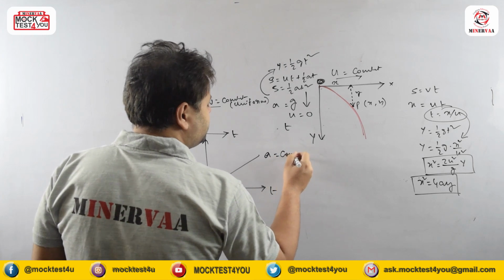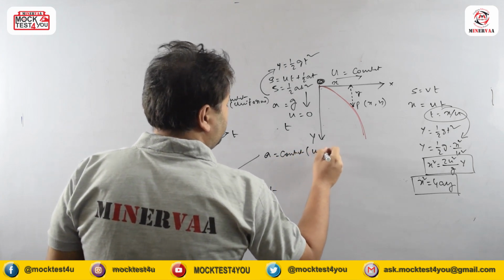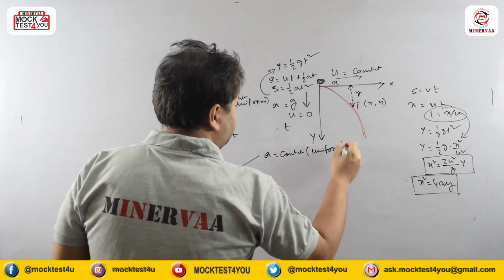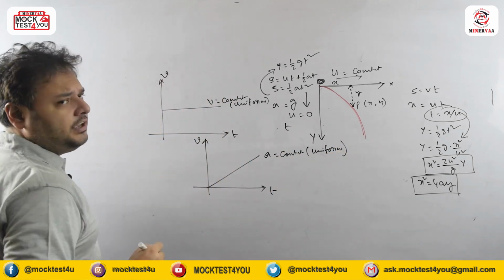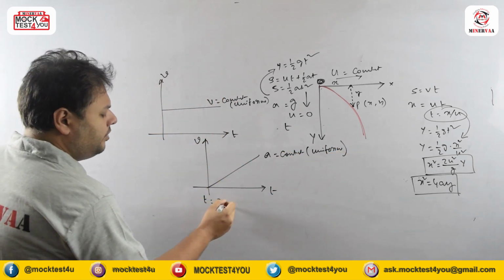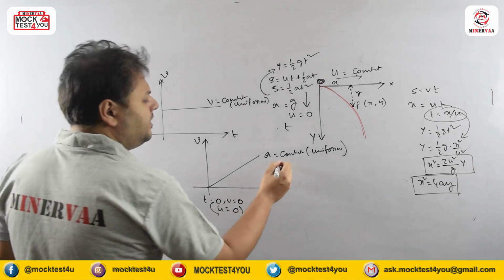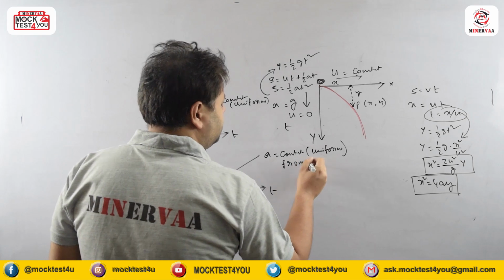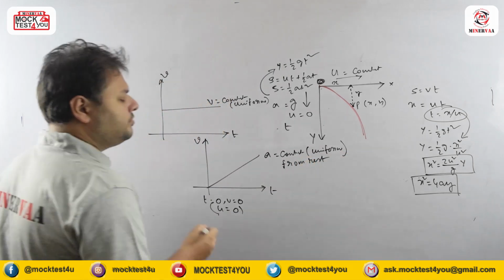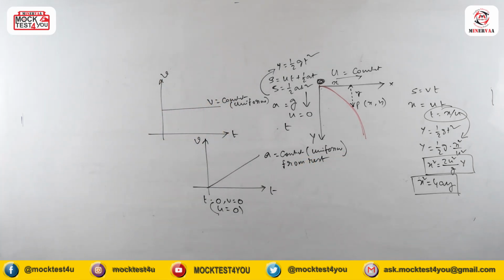So here acceleration is constant, or you can call it uniformly accelerated motion, and obviously it starts from the origin where t equals to 0, v is also 0, so there is no initial velocity. This is the uniformly accelerated motion of a particle started from rest.